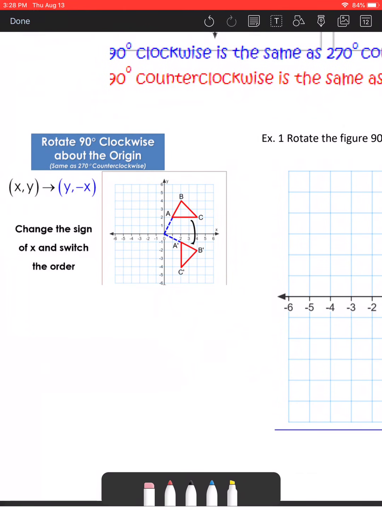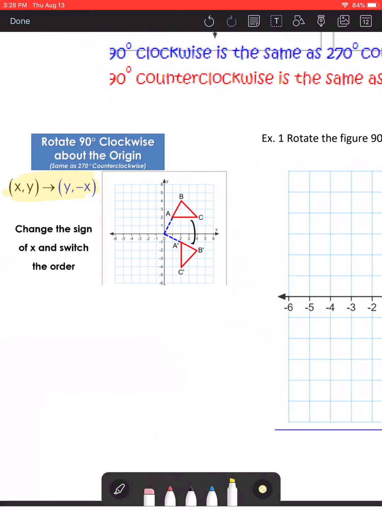The first rule that we have, if we want to rotate a figure 90 degrees clockwise about the origin, is that if we start with a point (x, y), it rotates such that our x and y swap positions and our x value becomes negative.